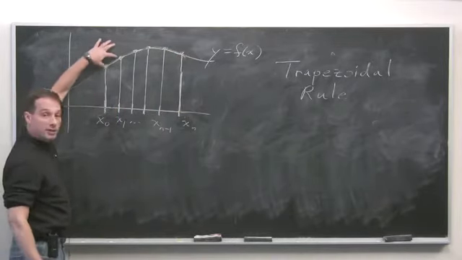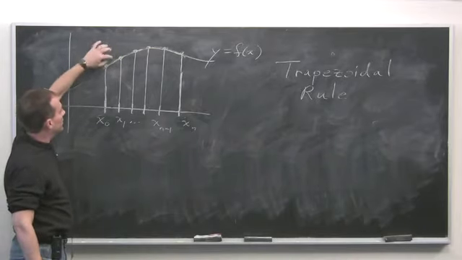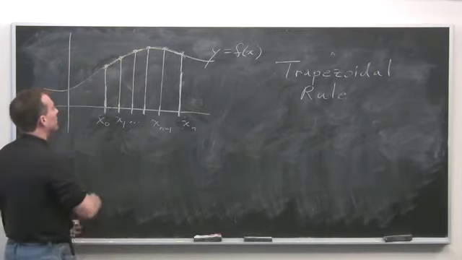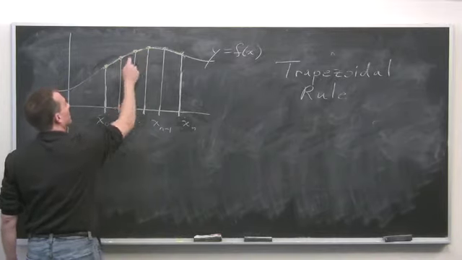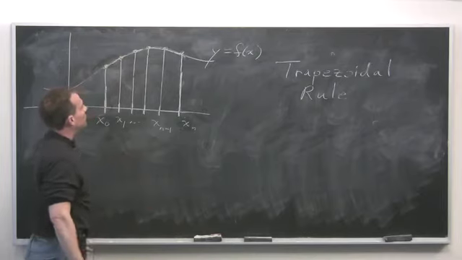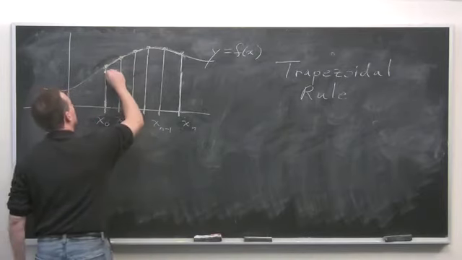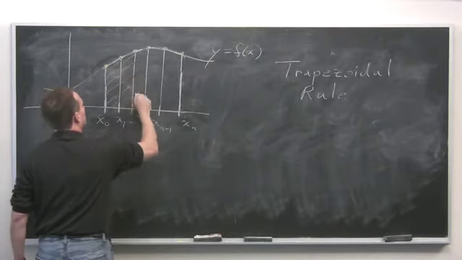So between x0 and x1, instead of using the curve itself, you use the line segment as an approximation to the curve. And between x1 and x2, you take a new line segment between those 2 points, and you do these approximations of the curve by line segments, and then instead of actually integrating, you add up the areas of the trapezoids.